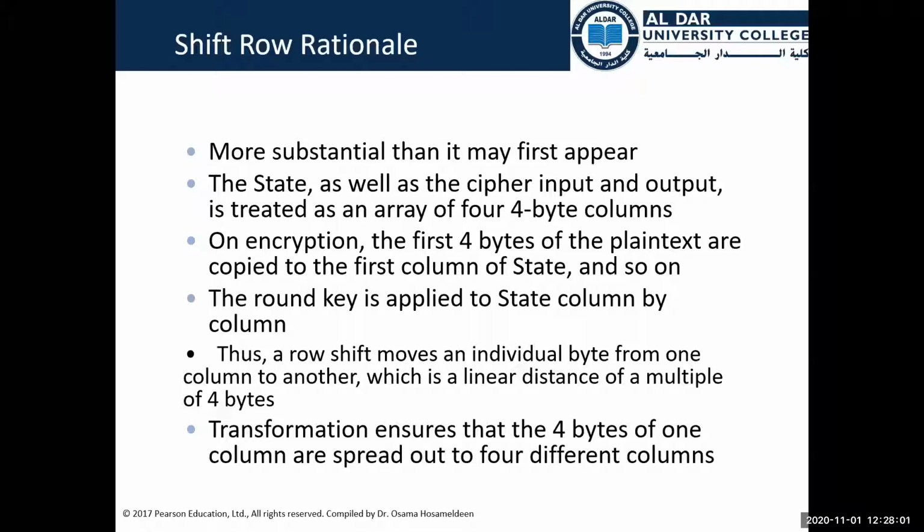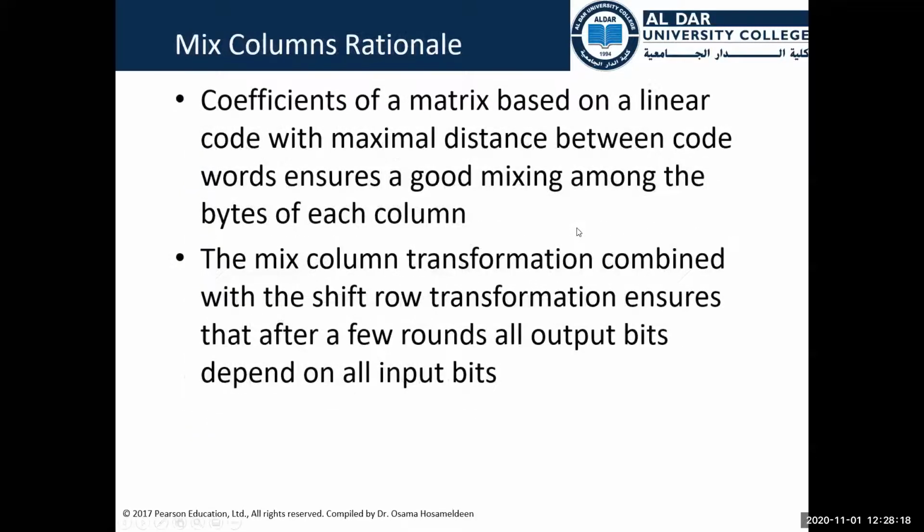This ensures the diffusion property: if I change a single bit in the input, I get a totally different output. This is shift row. Maybe you see it is very simple, but it is very effective.